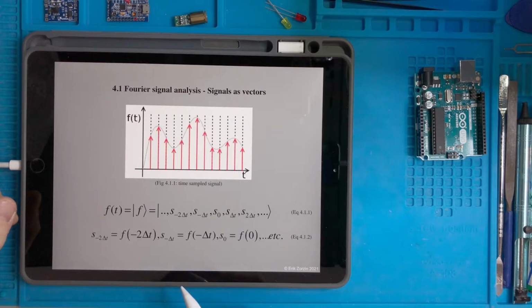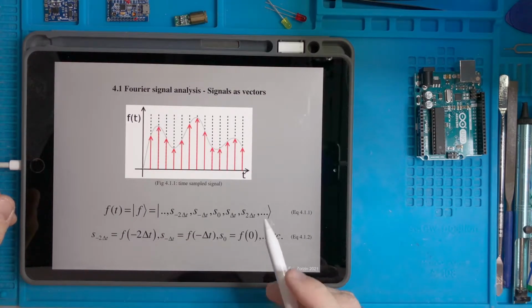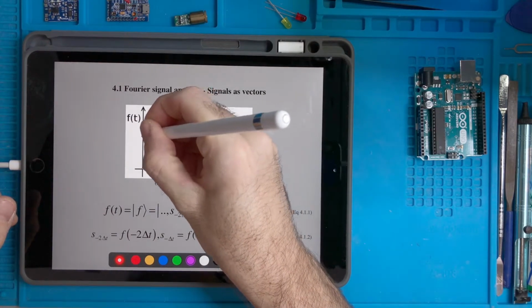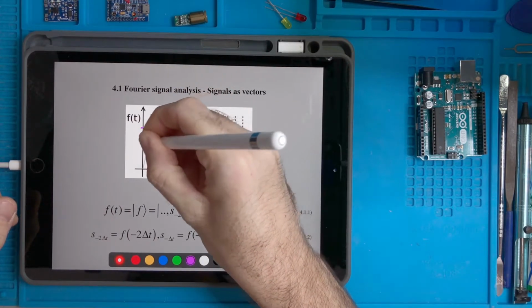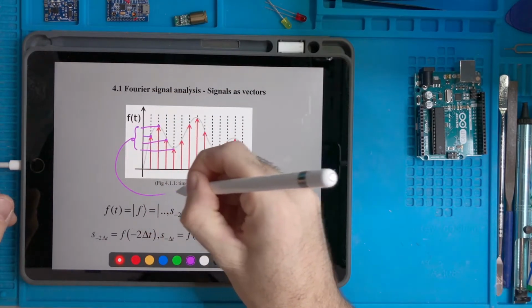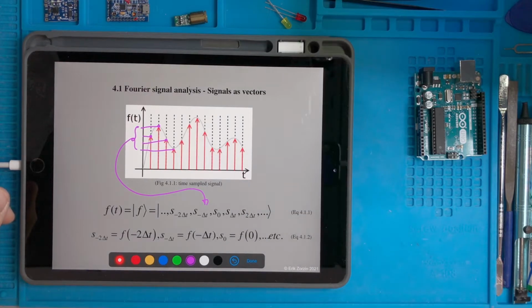We have to consider our function of time, f of t, as a collection of its own samples. So as we said, we collect the values of f and we put them in a vector. Here we have a column vector. We can do the same thing for a row vector, but now we do this with column vectors.